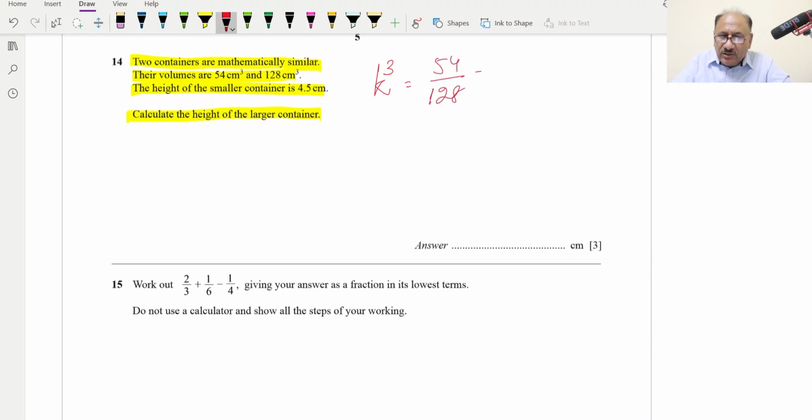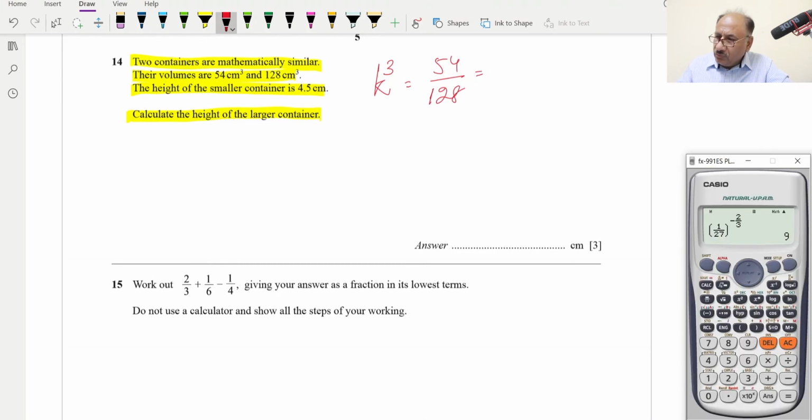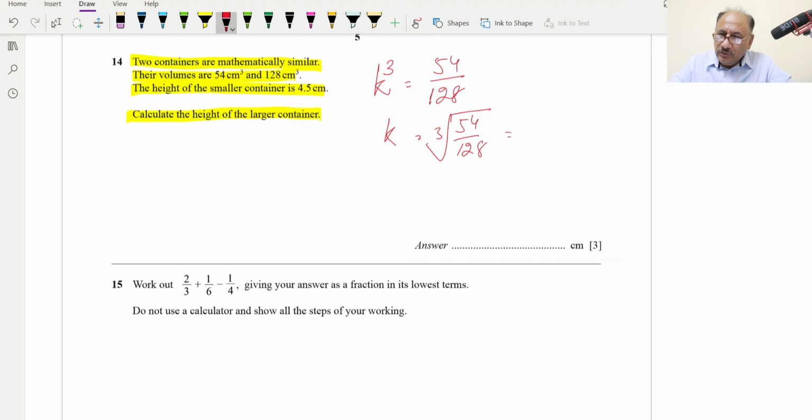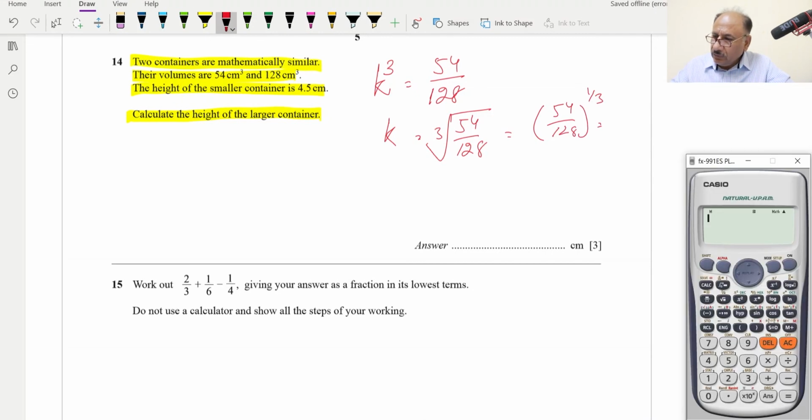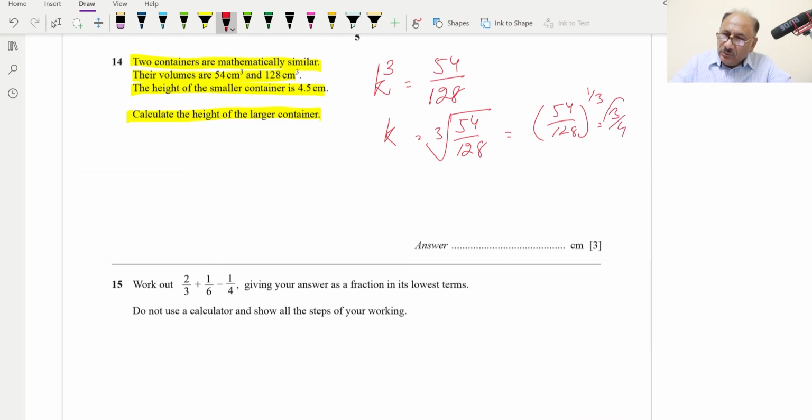We can take the cube root: 54 over 128 raised to power 1 by 3, and we can calculate this with the help of a calculator. So it will be 54 over 128, bracket closed, power 1 over 3, and this is equal to 3 by 4. So k value is 3 by 4.